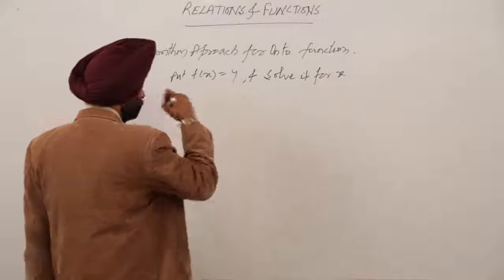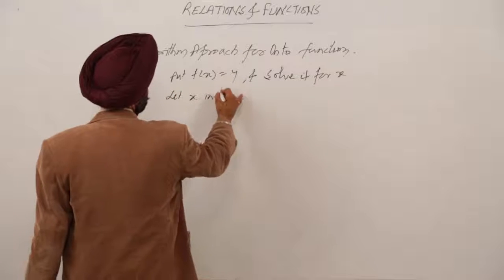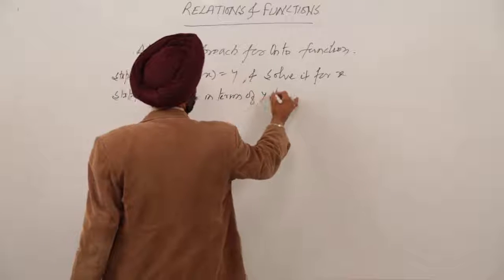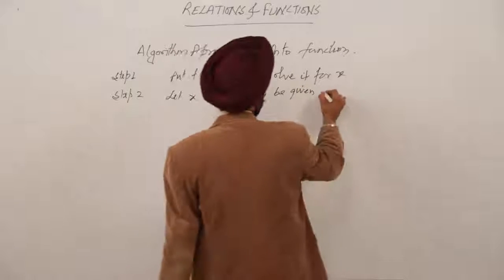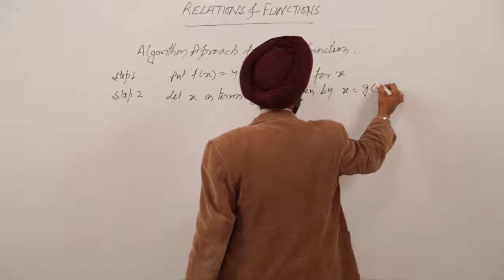Step 2, let x in terms of y be given by x is equal to g(y).